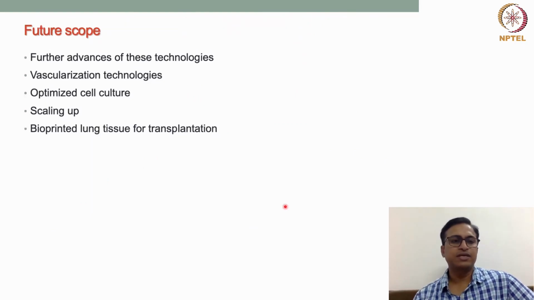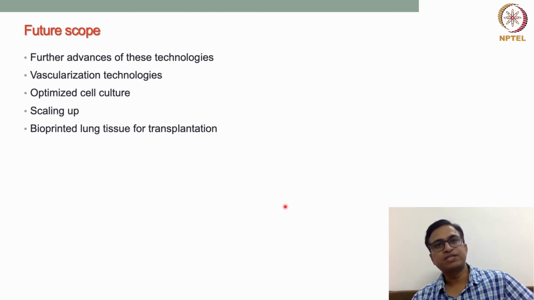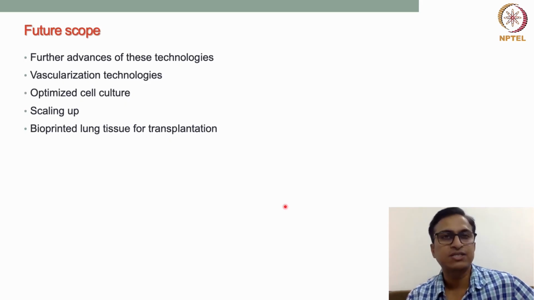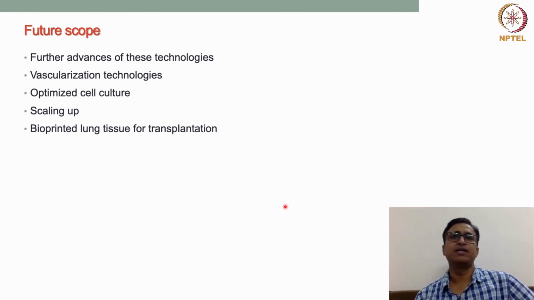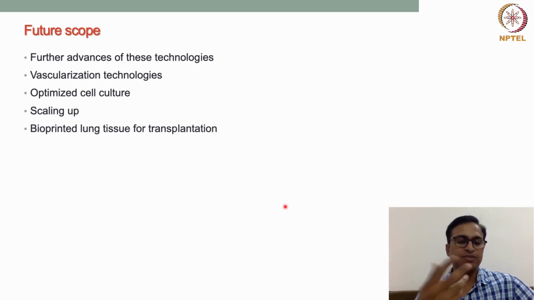Now let us understand what are the future scopes of all this work. If you see all these different works that we have discussed, they all created some part of the lung structure, like either the alveolar and vascular barrier structure, or the blood air barrier membrane structure, or even a lung tissue structure, a part of the alveolar structure.